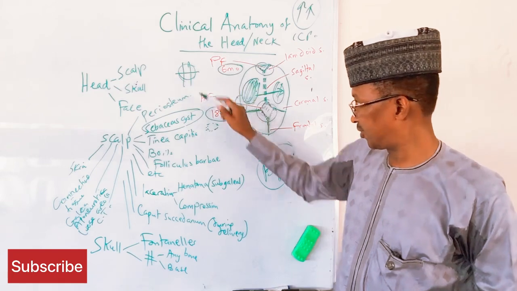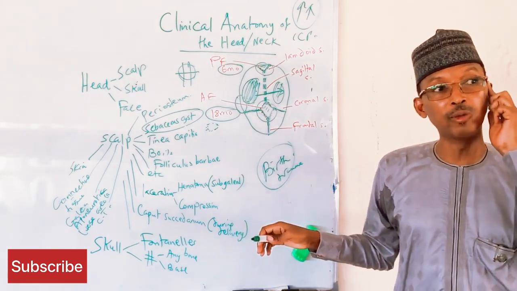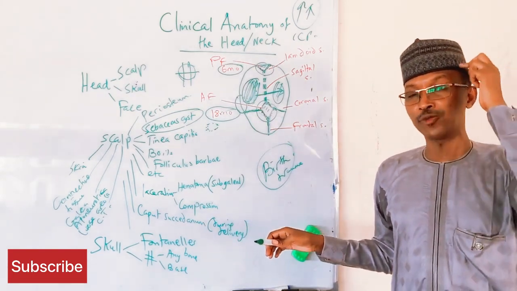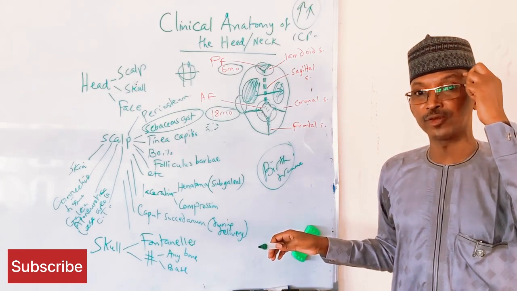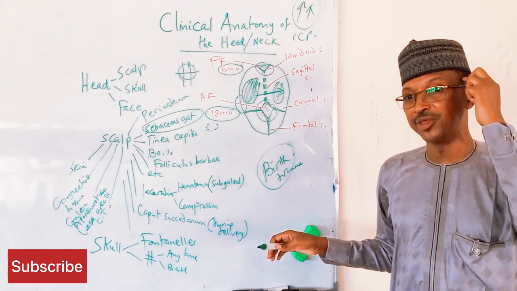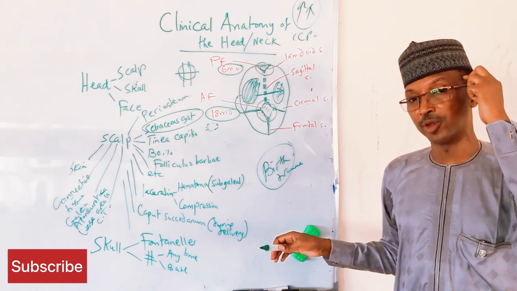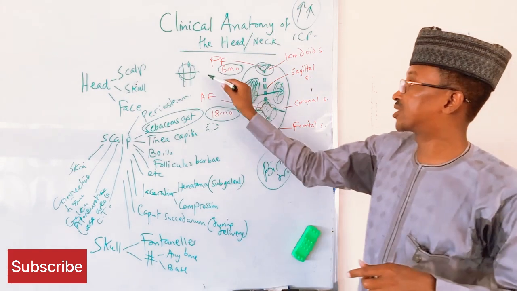You have the temporal bone from below, you have the parietal bone from above, and then you have the sphenoid bone from the front here, and then you have the frontal bone from the front. Are you clear? So you have this area there.